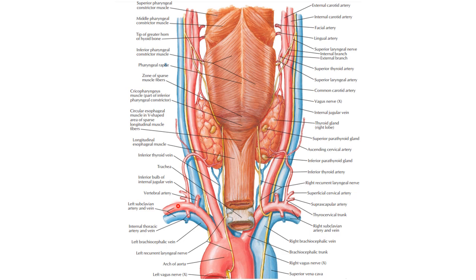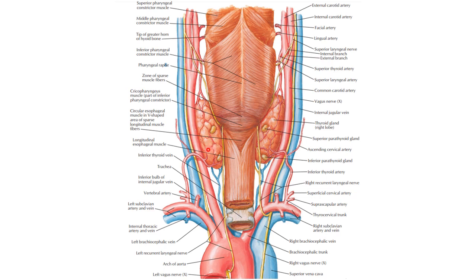You will also see here that the second branch of your subclavian artery, which is the thyrocervical trunk, continues and ascends together with the carotid sheath to give branches arterial supply to the majority of the thyroid, in particular the inferior pole and posterior surfaces of the thyroid gland.